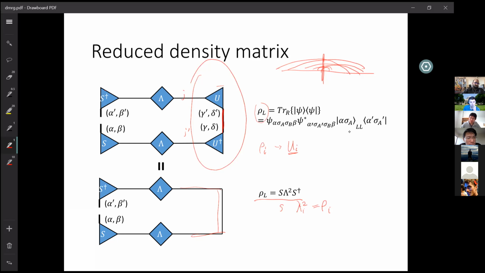Like this procedure of focusing on the reduced density matrix seems like it emphasizes the local short range entanglement at the cut site or something. Is that necessarily local? I don't know. Yeah, I'm not sure about this.